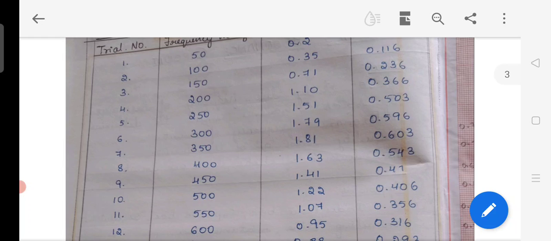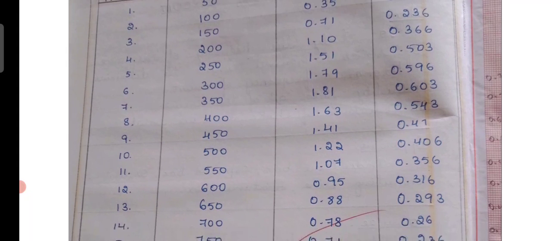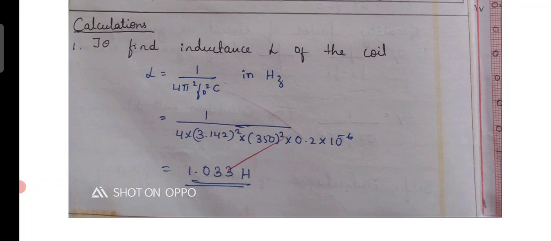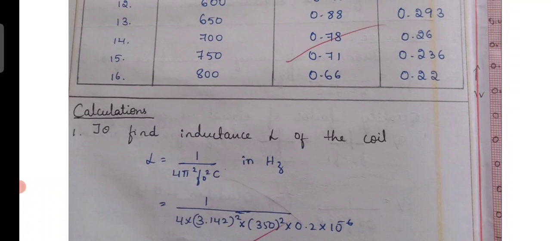Therefore, the resonant frequency as per the values obtained is 350 hertz. If we plot a graph, we take that value as the resonant frequency. Then that resonant frequency is used to calculate the inductance of the inductor.